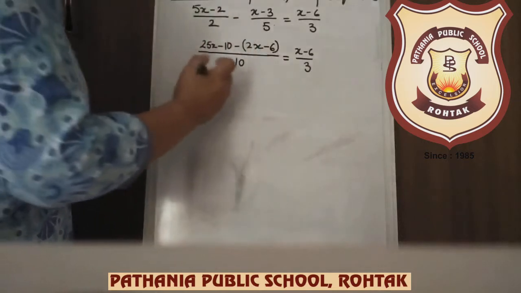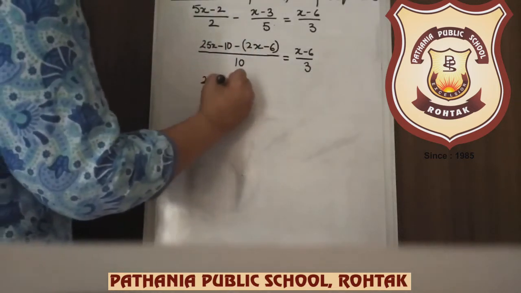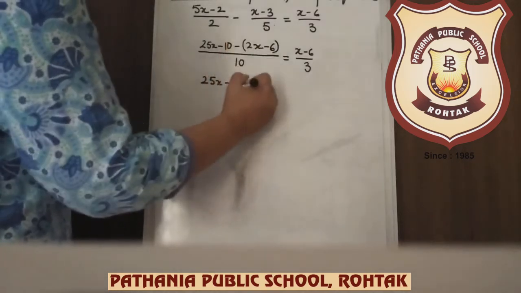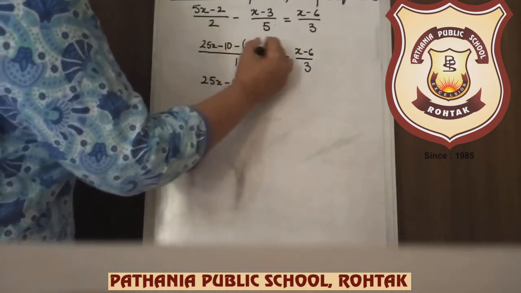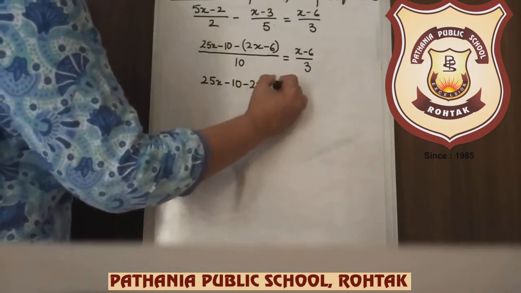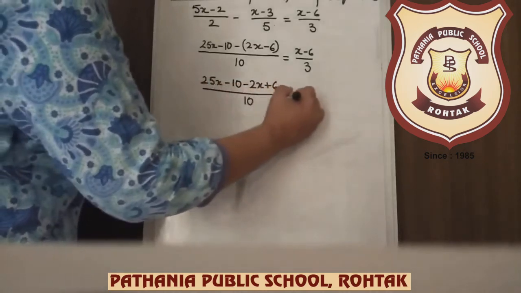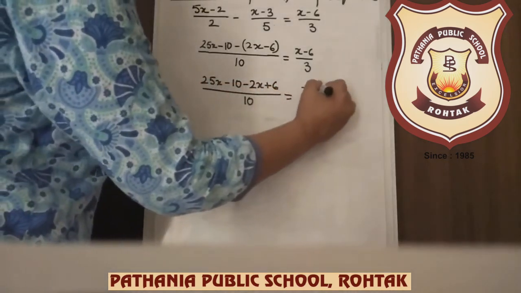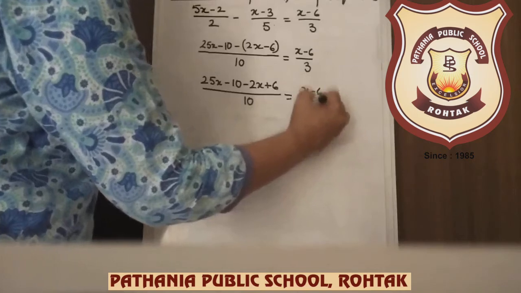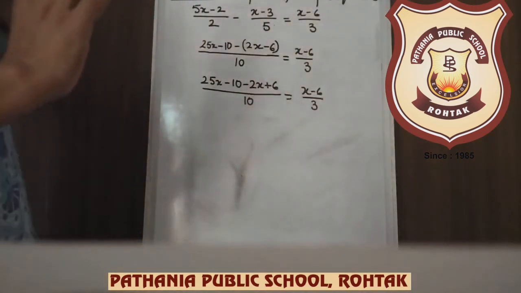Now the next step is to open the bracket. 25x minus 10, and there is a negative sign before the bracket, so all the signs will change: minus 2x plus 6. And this is equal to (x - 6)/3 as it is.